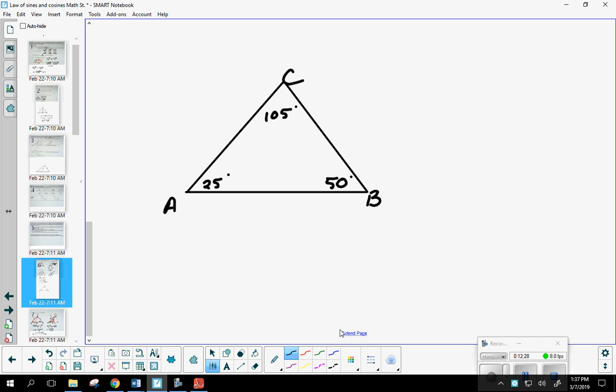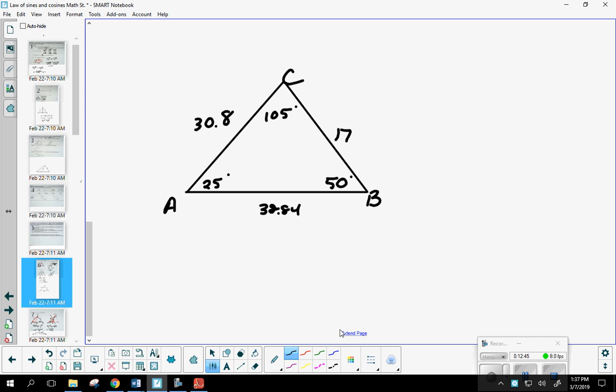These are rounded. Let's say AB is 38.84, we got 17, and we got 30.8. So we have a triangle with all this information.